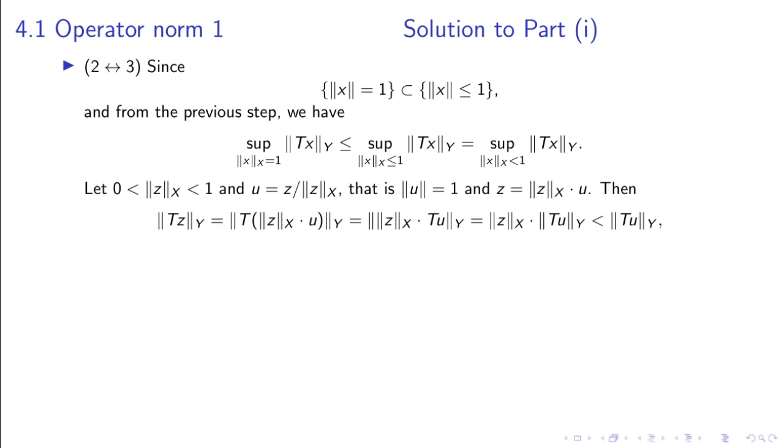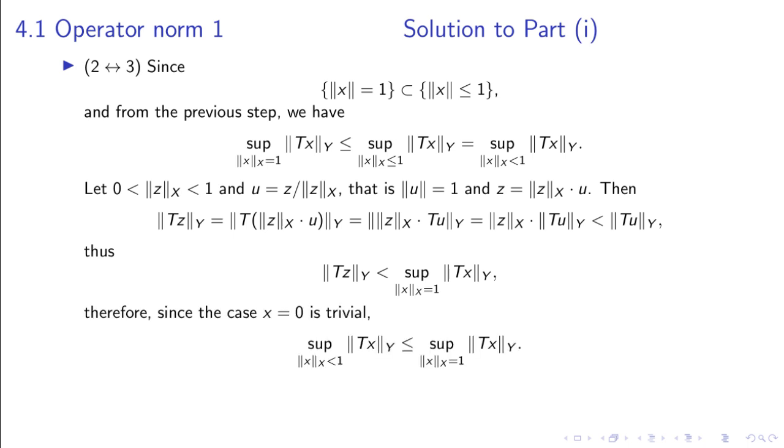By linearity of T, the norm of Tz equals ‖z‖_X times ‖Tu‖_Y, which is strictly less than ‖Tu‖_Y, because ‖z‖_X is strictly less than 1. This shows that the norm of Tz is strictly less than the supremum of ‖Tx‖_Y over all x with norm 1.